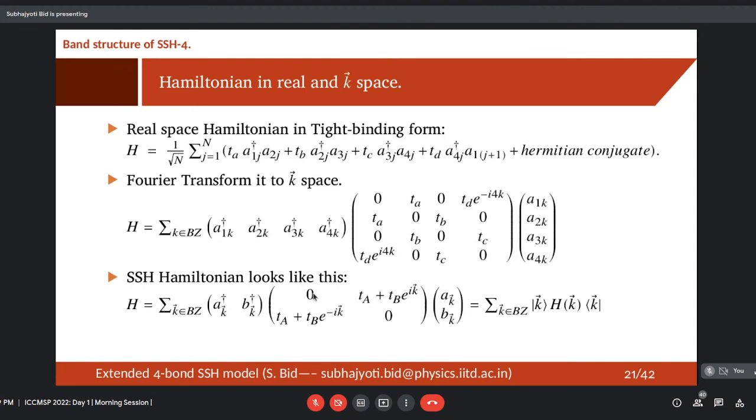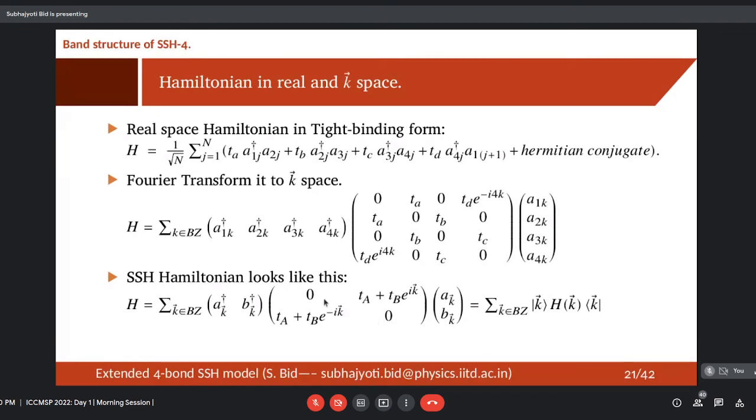Now just do it. Make this 0 as a and this 0 as b, and you will clearly see that these are on-site potentials. On-site potentials are kept to be 0 in SSH, but if these on-site potentials are different, let's say this is a and this is b, or epsilon 1 and epsilon 2, and you apply that sigma x matrix, I guarantee you that inversion symmetry will not be there.